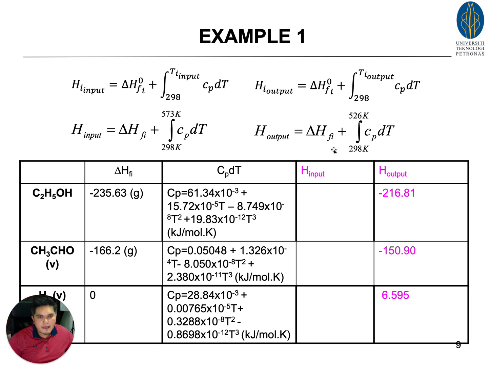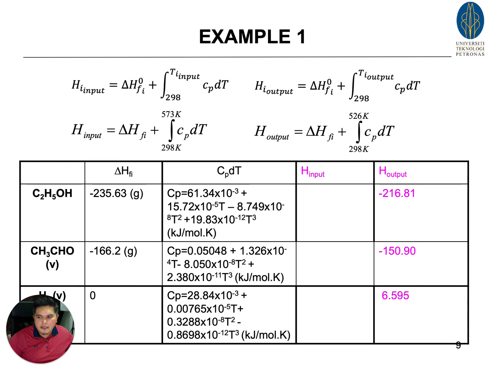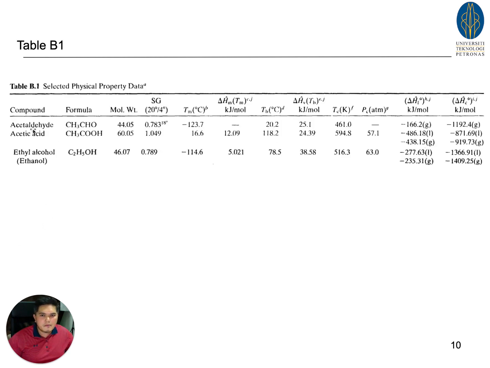When you look at table B1, for acetaldehyde the heat of formation is given as negative 166.2, and for ethanol it is negative 277.63 and negative 235.31. So which one do we want to use? This is the tricky part, because we know that ethanol at 300 degrees Celsius is definitely a gas, no longer a liquid.